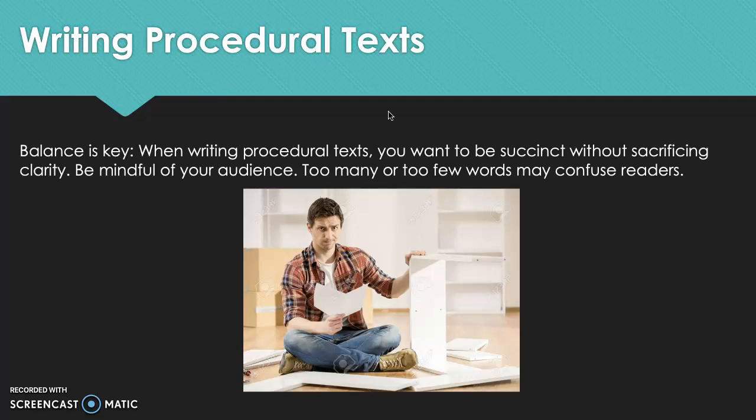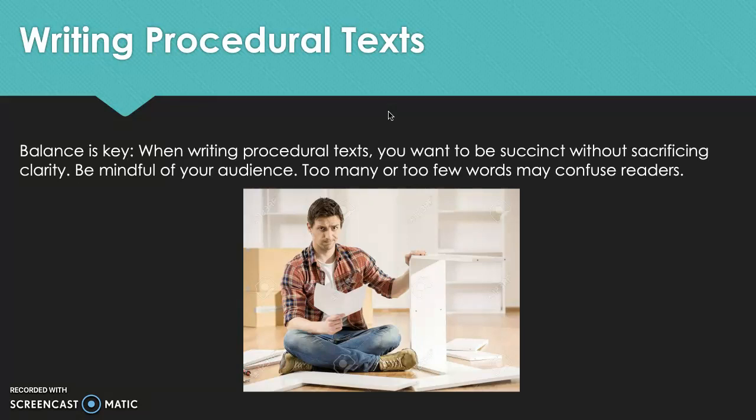Balance is key when you're writing procedural text. You don't want to end up like this guy with a set of IKEA drawers and a difficult to read set of instructions. So your job is to not compose something that's like IKEA instructions. You want to be mindful that if you have too many or too few words, either way you might confuse your readers.